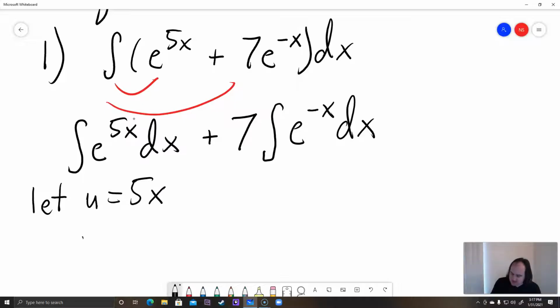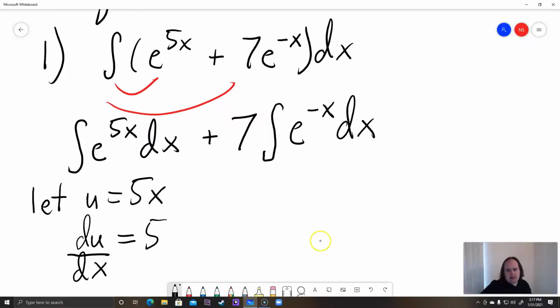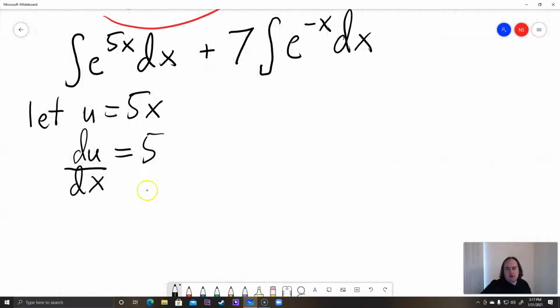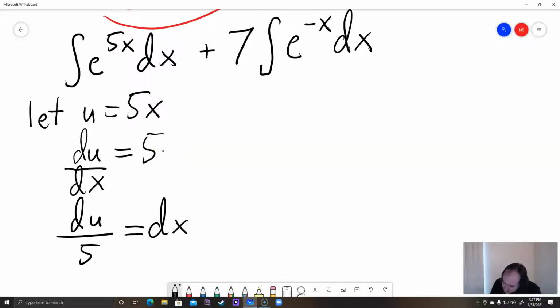Then du is going to equal 5dx, or if you think of it this way, du dx equals 5. And if you want to do it the way I teach it, I usually isolate dx. So I multiply both sides by dx and divide both sides by 5. So I get du over 5 equals dx.